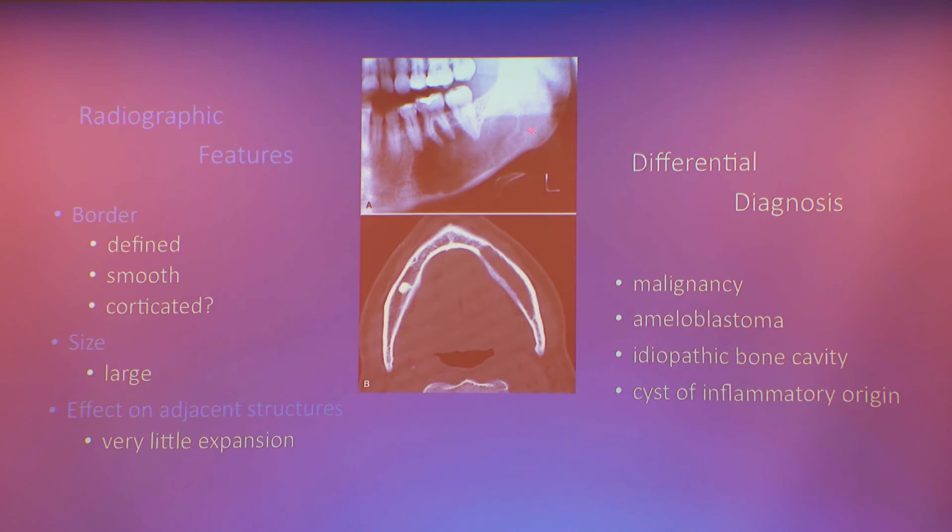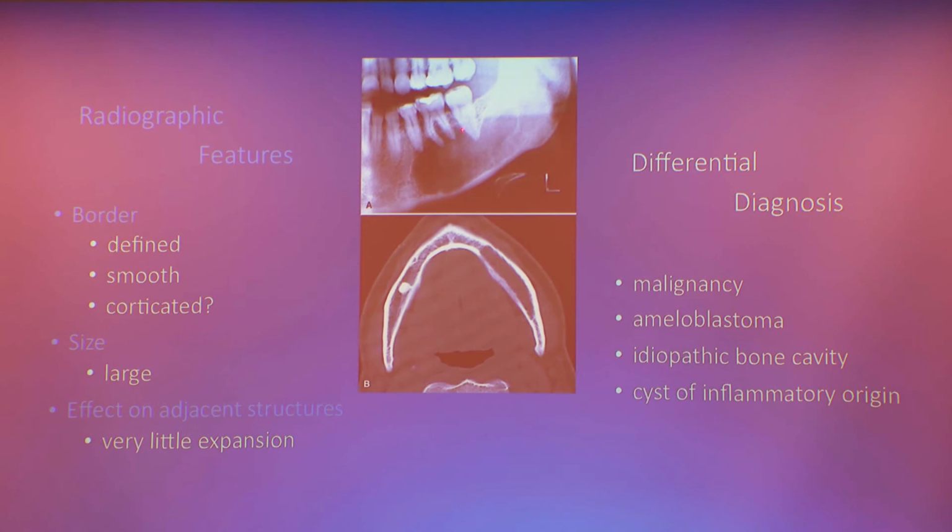So we're looking at this lucency here on a pan. It's a section from a pan. So remember we talked about the submandibular fossa, which is in this region, but the shape is wrong. Okay, and the location is extending beyond where the mylohyoid ridge would be, so up here.